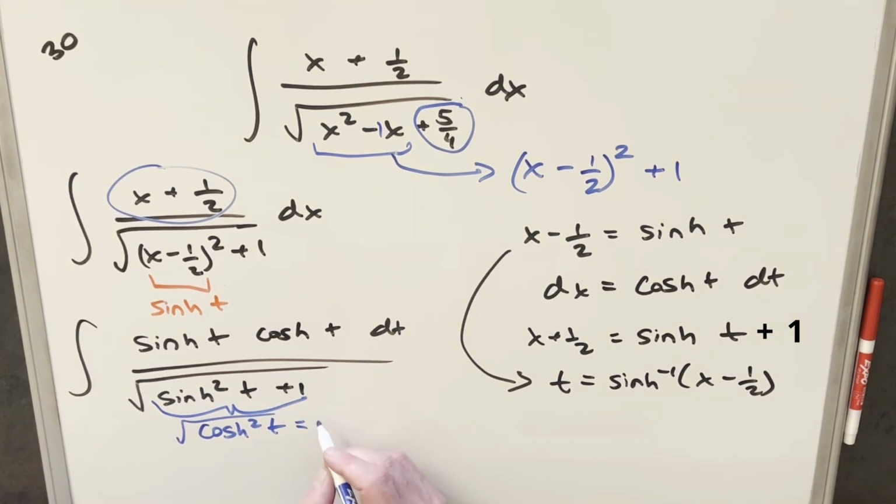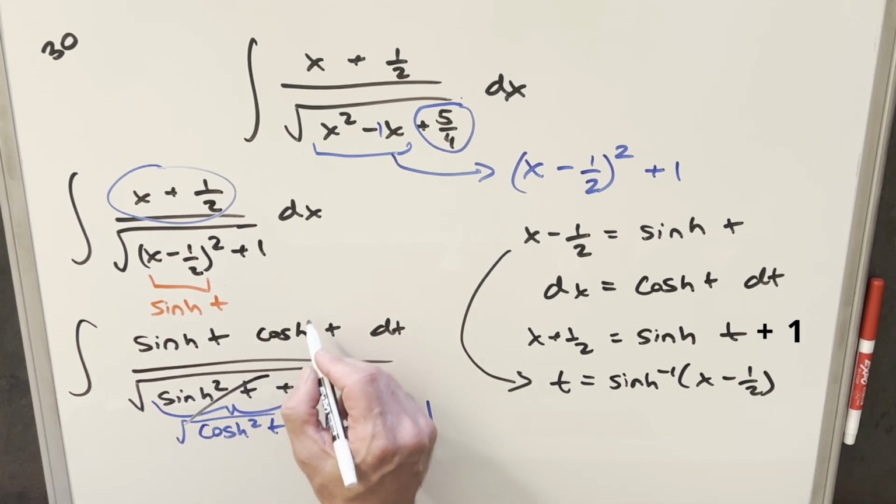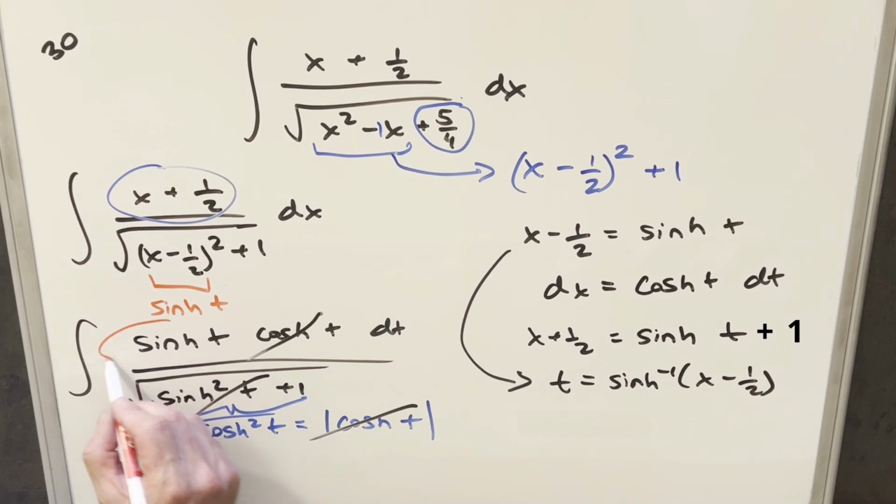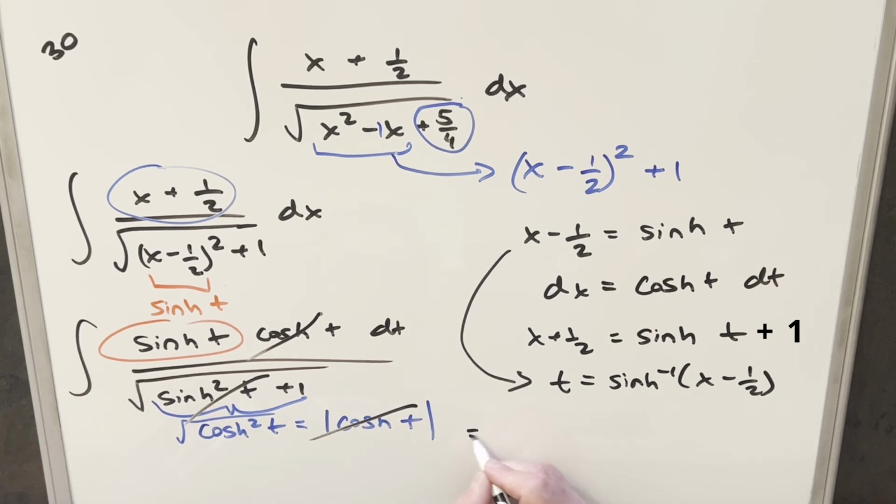Then we can simplify this down to the absolute value of cosh t, but cosh is always positive. So we can cancel it with this cosh t in the numerator. Then all we have left to integrate is just this sinh of t here. Well, that's easy. The derivative of cosh is sinh, and the derivative of sinh is cosh. So integrating sinh t, this is just going to be cosh of t.